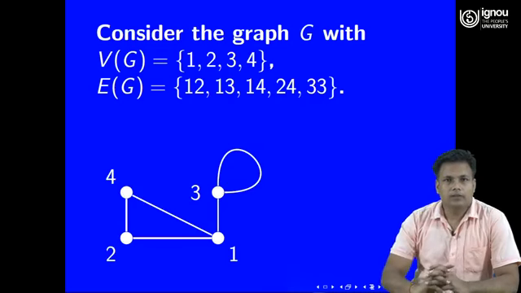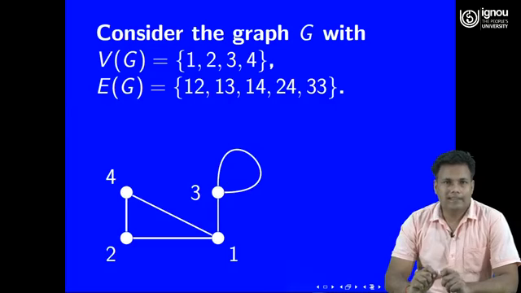For example, we have the vertex set {1, 2, 3, 4}, and the edge set consists of the elements {1,2}, {1,3}, {1,4}, {2,4}, and {3,3}. We are representing these vertices by 4 dots, as you can see, 1, 2, 3, and 4, and the edges are the lines that join corresponding endpoints.